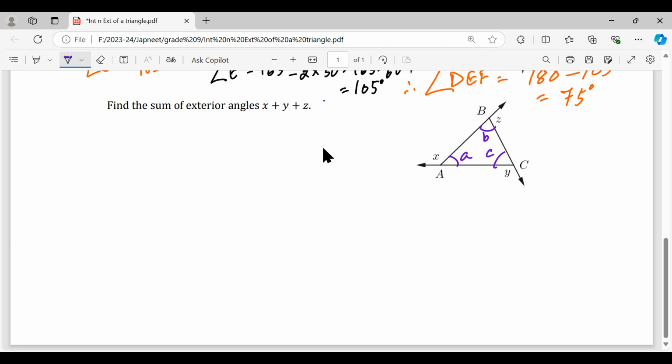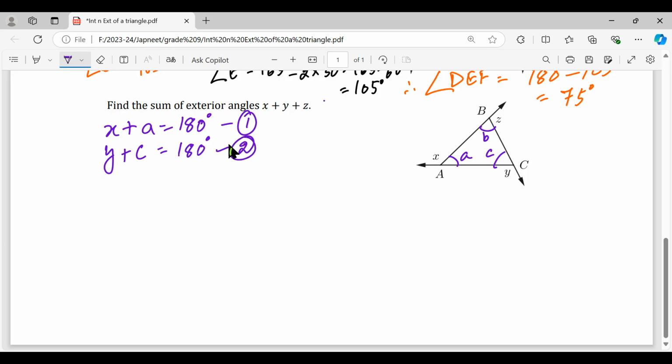Okay, now we will write few relations here, like x plus a gives 180 degrees. Then let me mark this as 1. Next we can write y plus c equals 180 degrees.